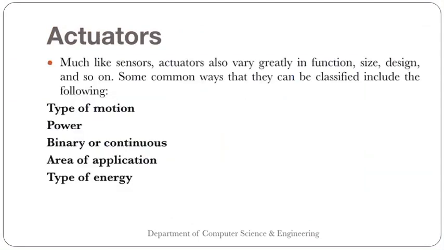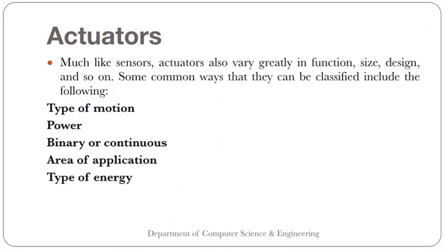Much like sensors, actuators also vary greatly in function, size, design, and so on. Some common ways to classify actuators are based on type of motion. Actuators can be classified based on the type of motion they produce, for example linear motion or rotation. Obviously your motor rotates, yes or no, so that is an actuator.